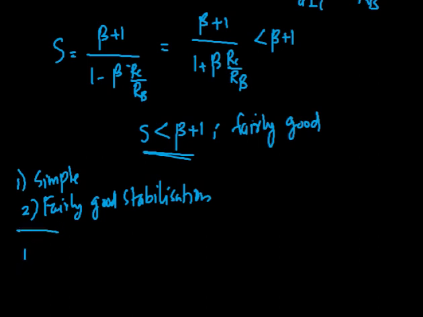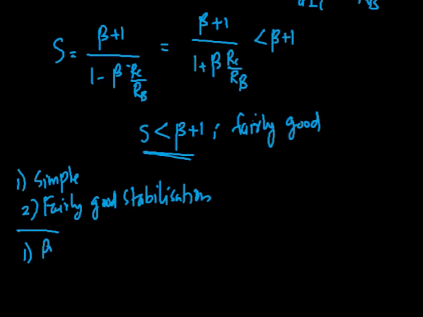Now if we consider the disadvantages, the stabilization is only fairly good, so it does not give a very high stabilization. And as I told you, the circuit provides a negative feedback, which reduces the gain of the amplifier.